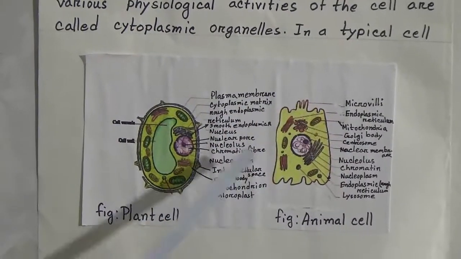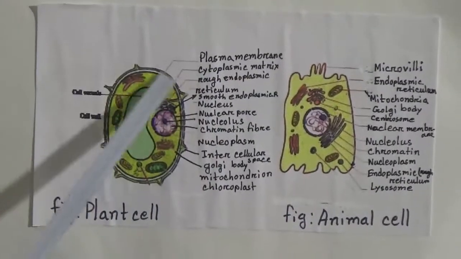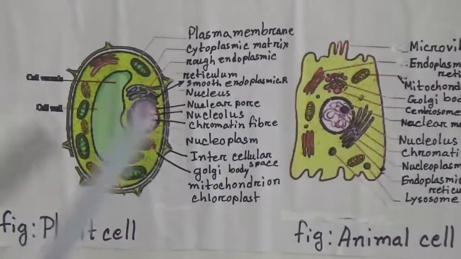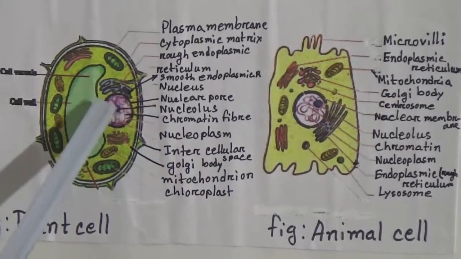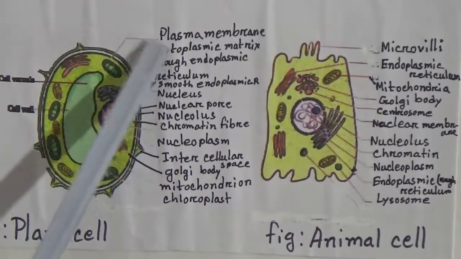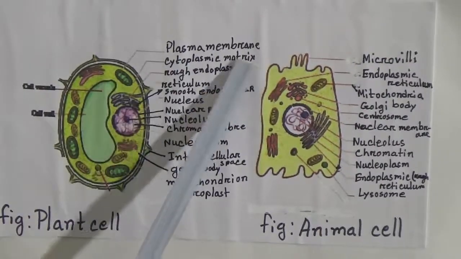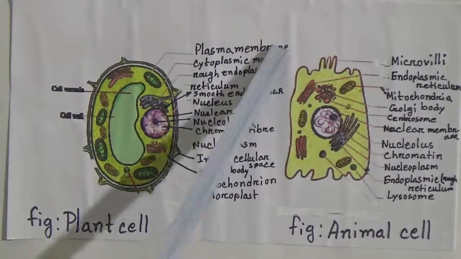Dear student, you can see here is two types of cell. This is plant cell and this is animal cell. We can see here is some organelles inside this cell, like this is cytoplasm, cytoplasmic matrix, and this one plasma membrane.